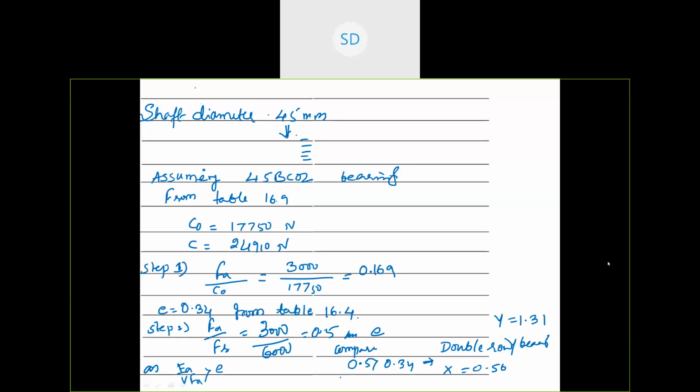Next, someone had asked a question. Okay. Now you got the constants X, Y. Now let us go for calculation of the equivalent load.